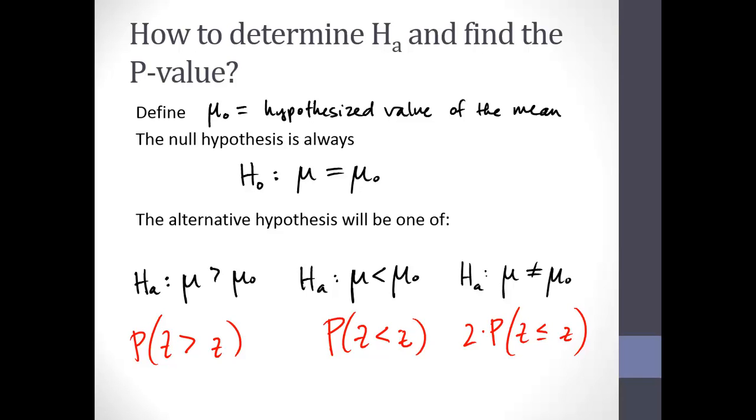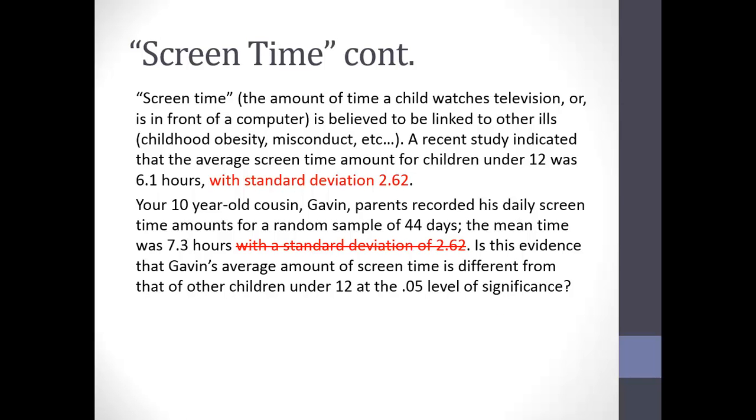So again, we looked at an example. We're going to do it one more today, and kind of go back and hit all these things again. And actually, let's review that real quick. If you remember, the last thing we did in class on Friday, the next to last example in your notes, was this screen time example, and we're interested in comparing Gavin, who is our cousin.